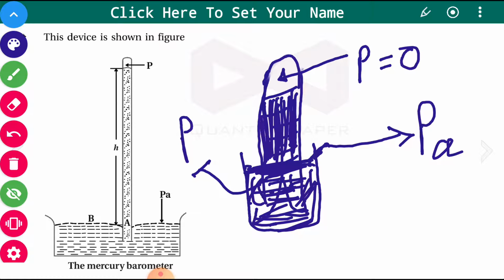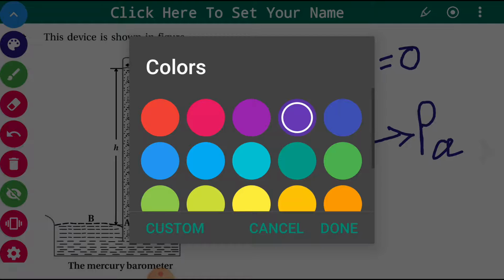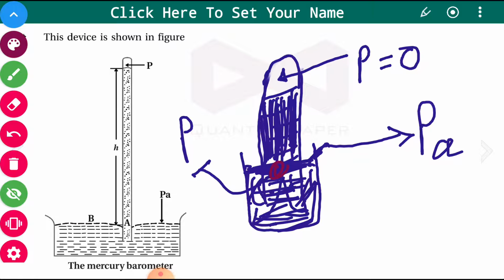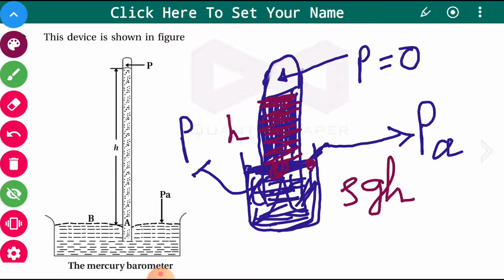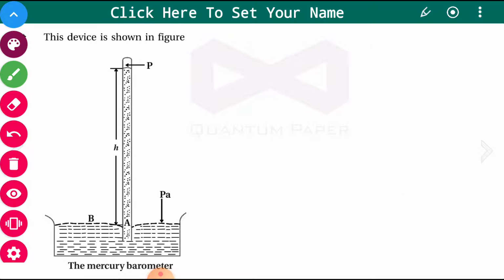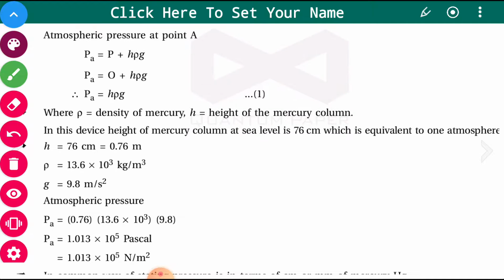These 2 points, this point which is inside and this point, are at the same level, therefore the pressure will be the same. So this mercury column of height h is generating the pressure rho g h, and this pressure must be equal to the atmospheric pressure, as the points are at the same height, and that is explained here.